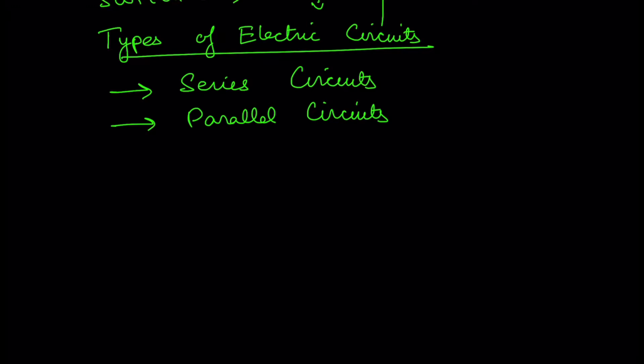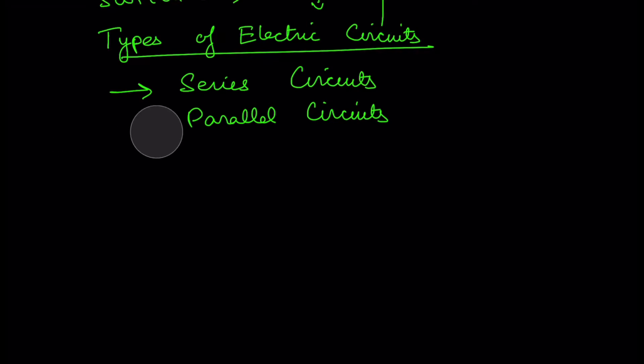In parallel circuits, the components are attached in parallel orientation. We will discuss how the current and the potential difference behave in a series circuit and in the parallel circuit. And then we'll also see how the resistances of several resistors behave in a series circuit and in the parallel circuit. So let's discuss about the series circuit first of all.